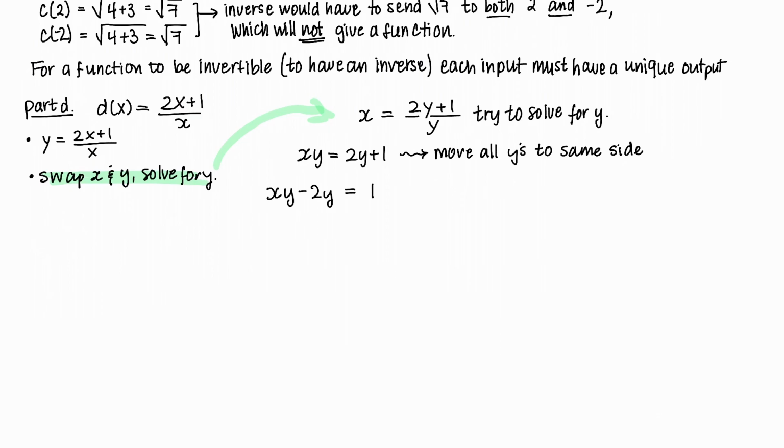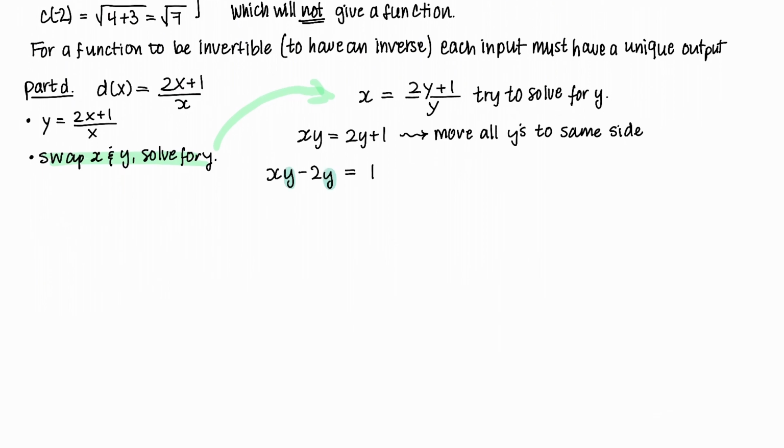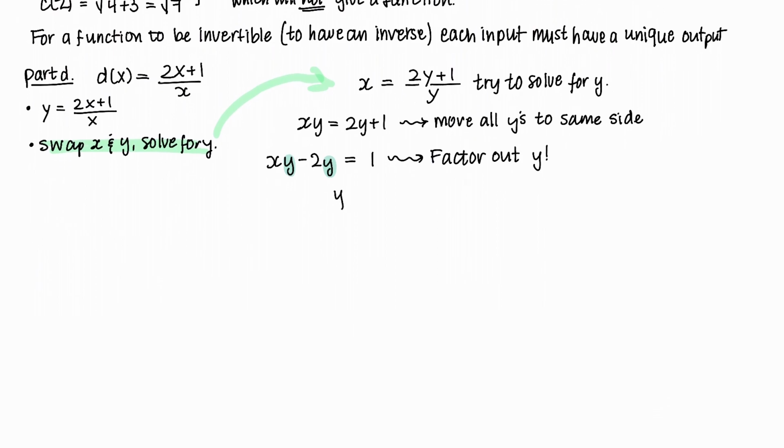So far, this doesn't look like we're solving for y, but notice that xy and 2y have a common factor of y, so I can factor y out. So I get y times x minus 2 is equal to 1.